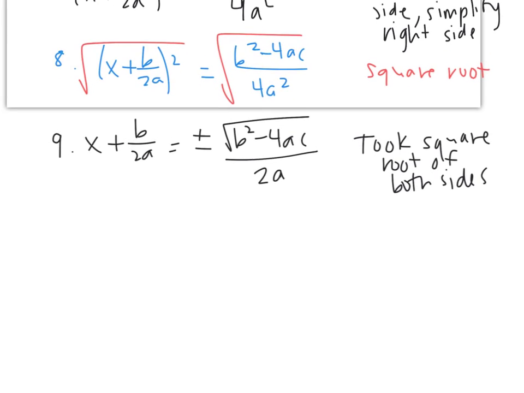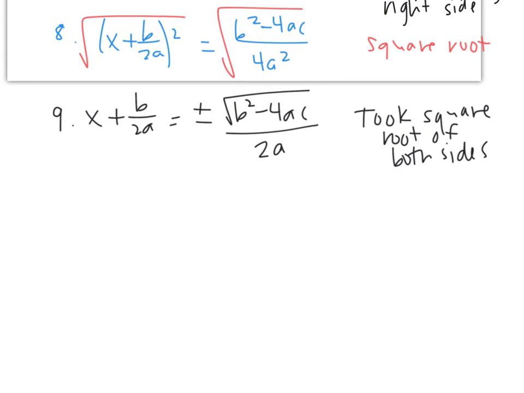And then now for the next step, we're on step 10, I'll simply move the b over 2a to the other side. So x equals negative b over 2a, so if I subtract it, I get a negative on the right-hand side, plus or minus the square root of b squared minus 4ac all over 2a.